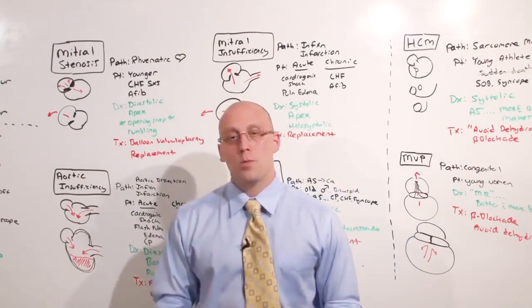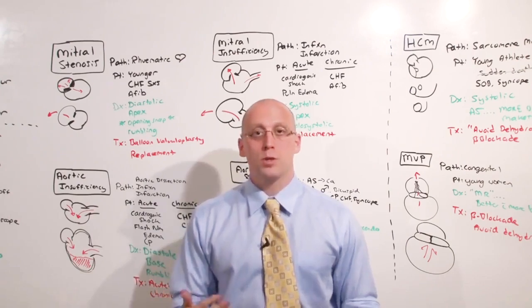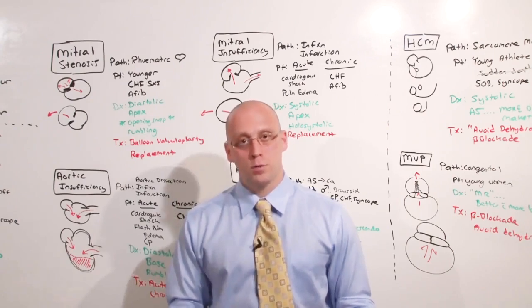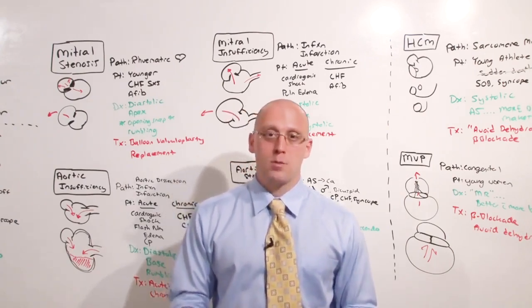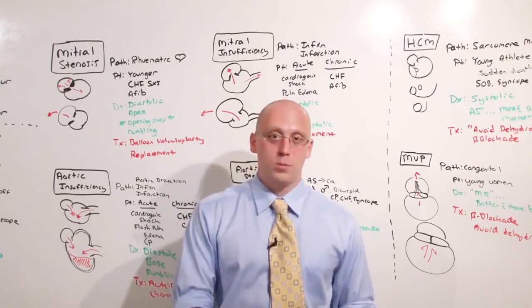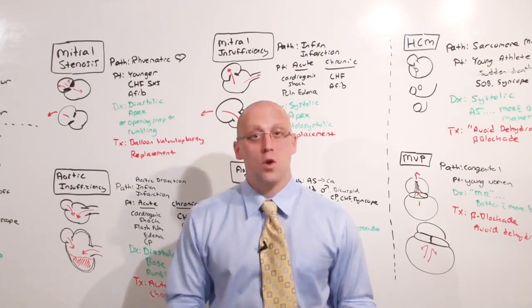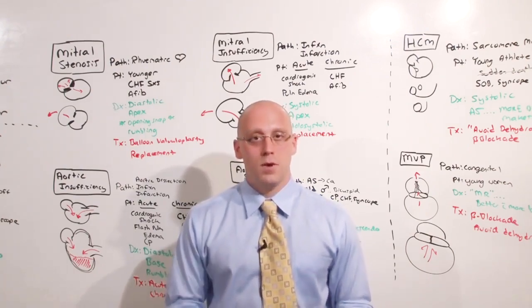If you can do that, remember that everyone responds to replacement except for mitral stenosis, balloon valvuloplasty, and hypertrophic cardiomyopathy and mitral valve prolapse, beta blockade and avoidance of dehydration. You have about 99% of the questions already answered. That is valvular disease.